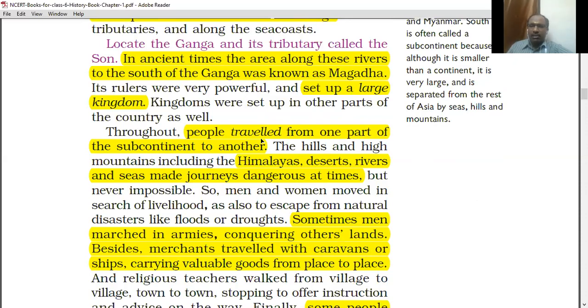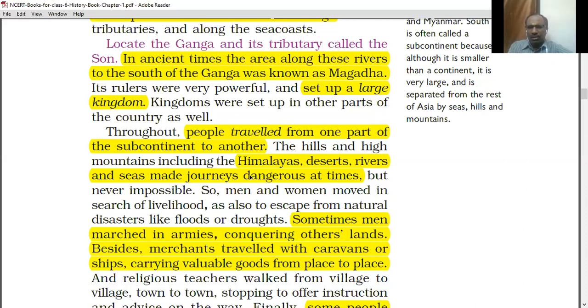Men and women moved in search of their livelihood. They also moved because of disasters like flood or drought. They moved from one place to another for these reasons.